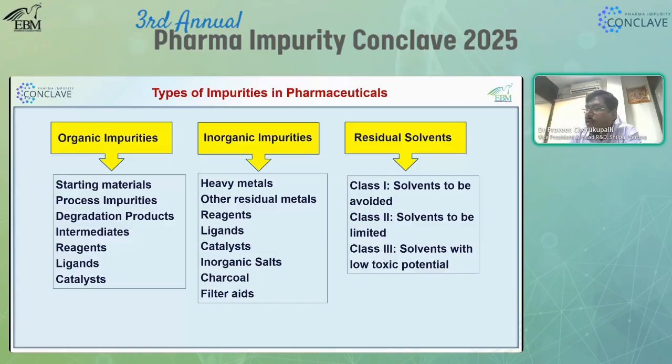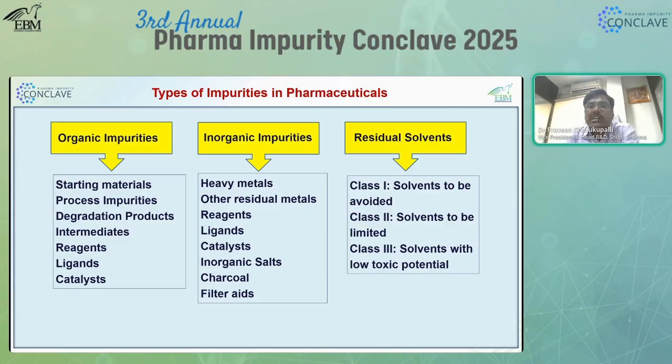The organic impurities may arise from the starting materials, process impurities and degradation products, intermediates, reagents, ligands, catalysts, and if you come to drug product, it is drug substance-excipient interaction and container-drug substance interaction.